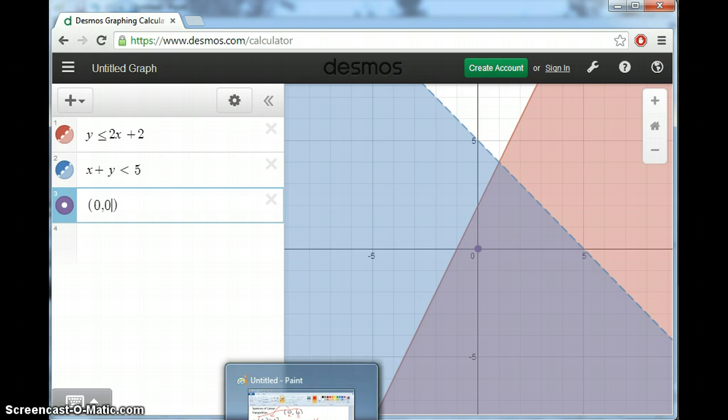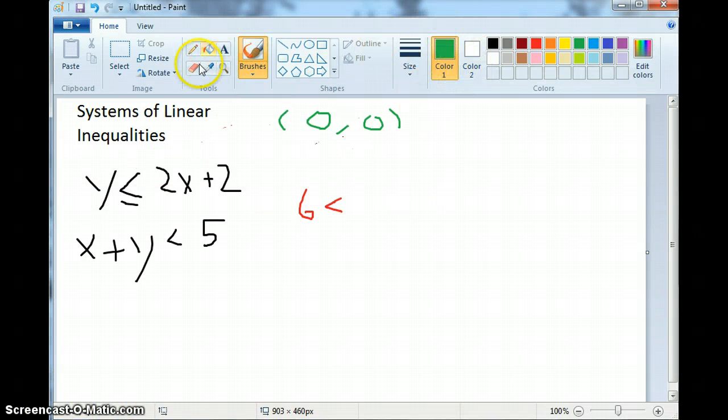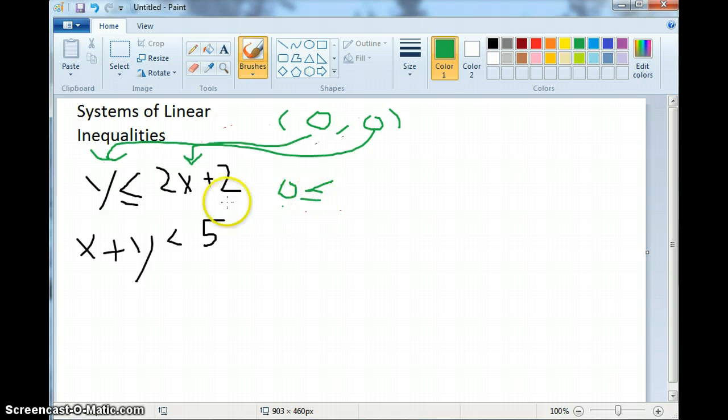With 0, 0, I'm just going to show you what that looks like. So you have 0, 0, and you're going to plug that in. Plug in 0 for x, right there. Also plug in this 0 over here for y. You get 0 is less than or equal to, what's 2 times 0?